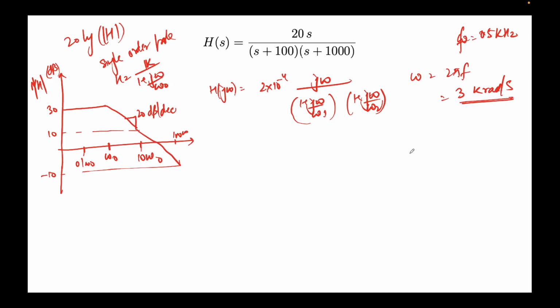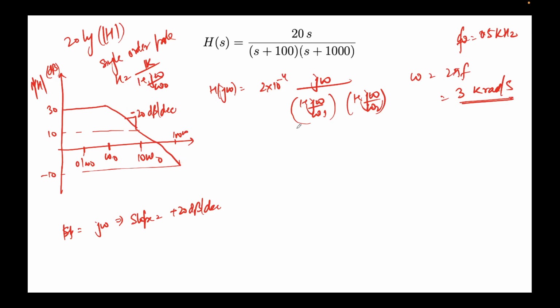So let's compare them. The slope for this j omega is 20 dB per decade rising. So we can say that if H equals j omega, this implies slope equals plus 20 dB per decade. This is minus 20.